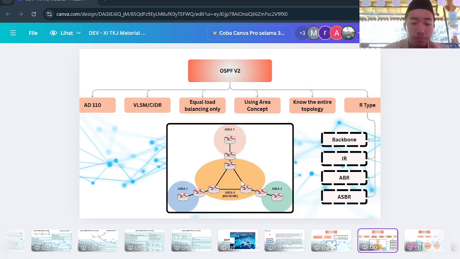OSPF version 2 is for IPv4. There is OSPF version 3 that is for IPv6. The characteristics of OSPF version 2: the administrative distance is 110, it supports VLSM and CIDR, and it does equal-cost load balancing only.